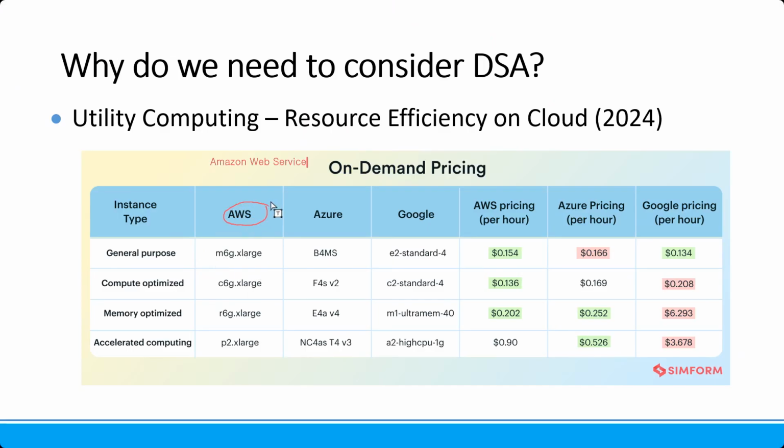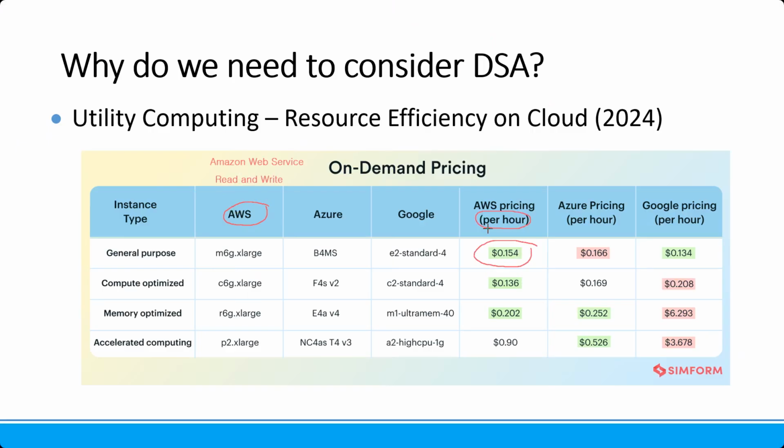In order to access the data, usually in the cloud there will be a service where you can write on the cloud and then read the data. And then the cost will be $0.154 per hour.